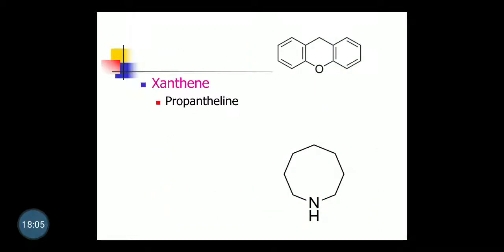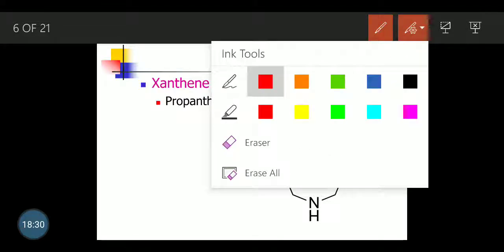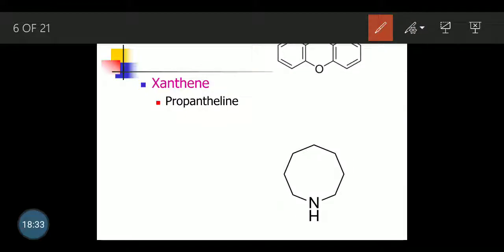Next is xanthene. In xanthene the numbering is the same as that of acridine. In this case we have to skip this oxygen. I will show you how the numbering is given. We have to start with either of these rings, 1, 2, 3, 4.